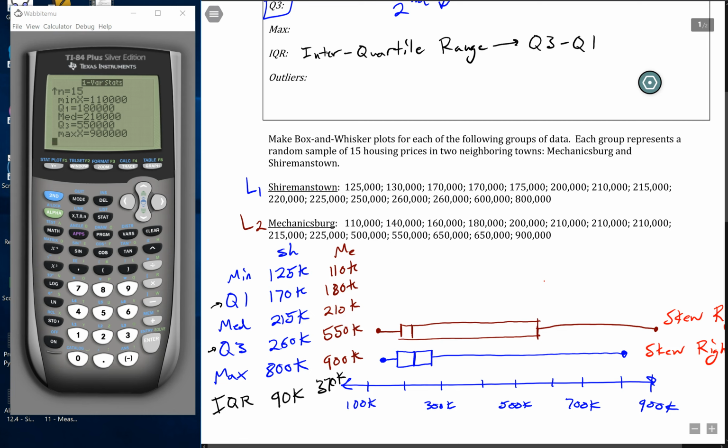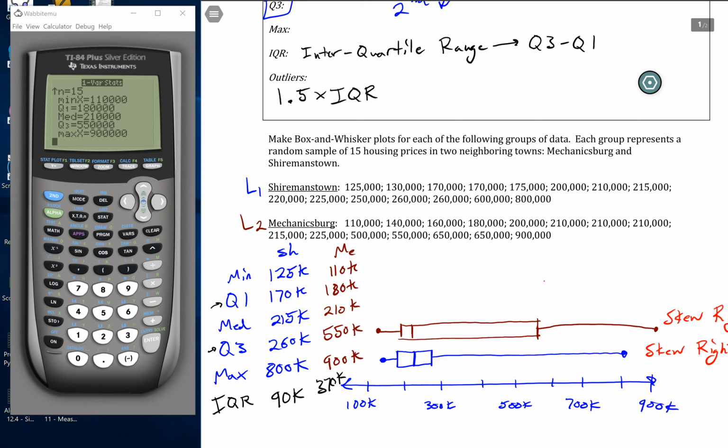So here's what you're going to do. You're going to take the IQR and you're going to multiply it by 1.5. This is just kind of arbitrary. A statistician came up with it somewhere, just decided, hey, we'll call an outlier this. You could interpret it different ways, to be honest. It's not a hard and fast rule.